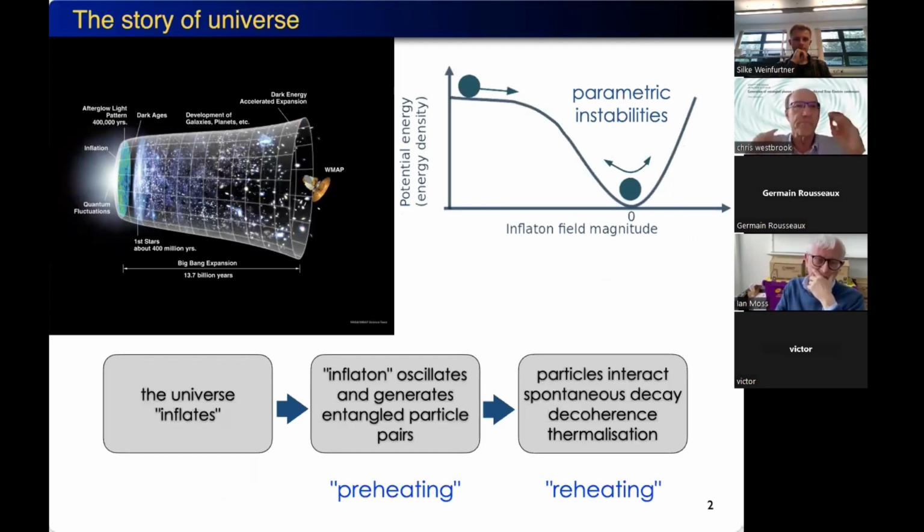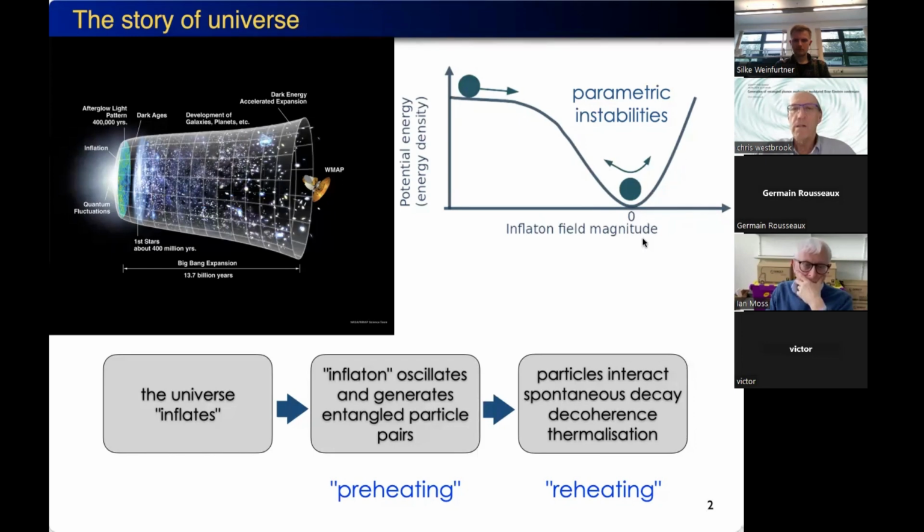So here's a simple-minded vision of particle creation in the early universe. There's a picture that I picked off the web somewhere. The idea is you have the universe which inflates, due to this thing called an inflaton field. At some point this stops and the inflaton field enters this effective potential energy well, and begins to oscillate.